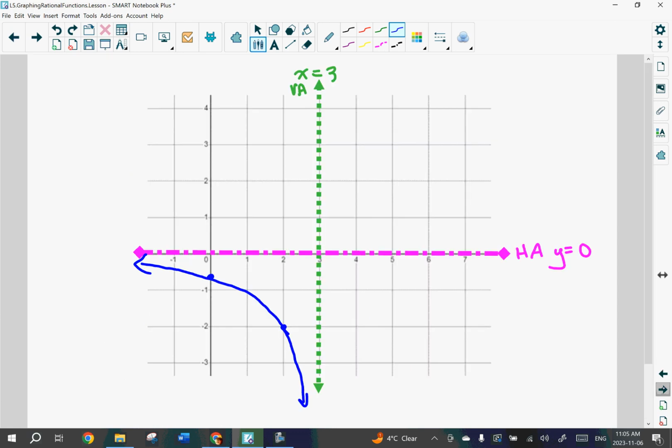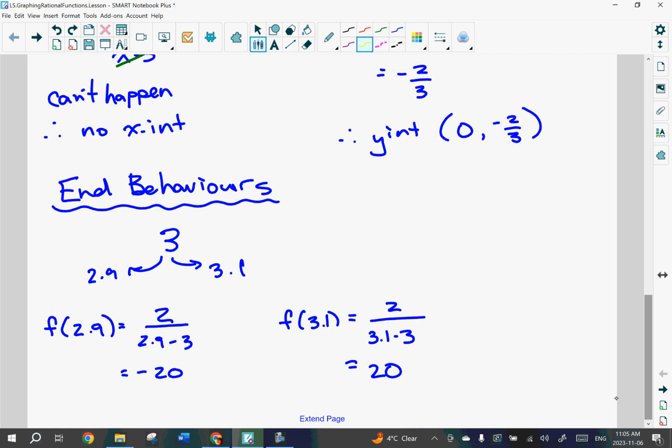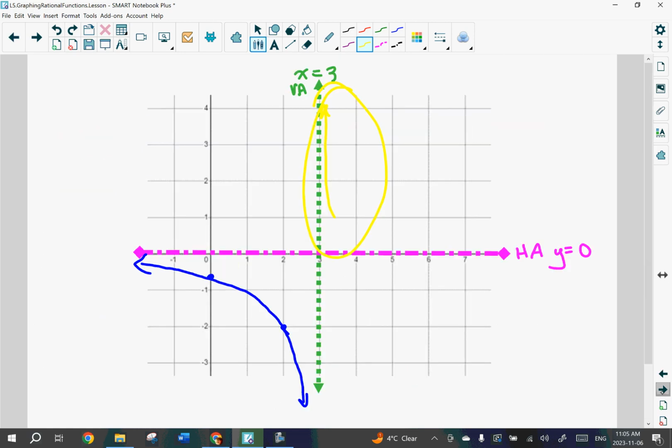So as it's going here, the graph is going up positively because we saw that positive 20. So we know this is how we know it's been vertically stretched by a factor of 2. She's going to go like that.